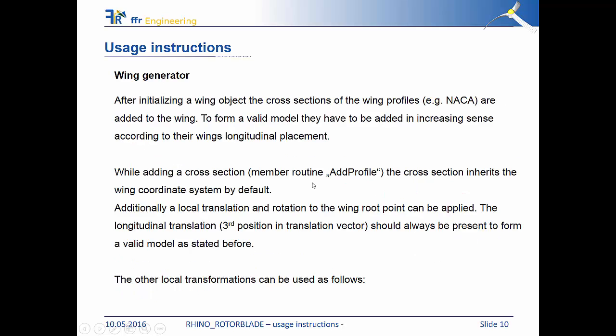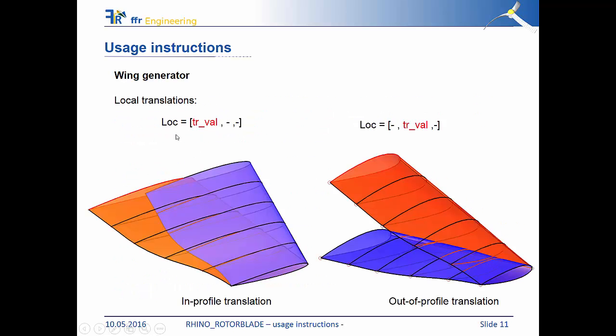And this is exactly what we do when we apply these local translations and also rotations to the cross sections of the wing. And you see here the pictures which will help you to understand in which direction you apply those translations or rotations.